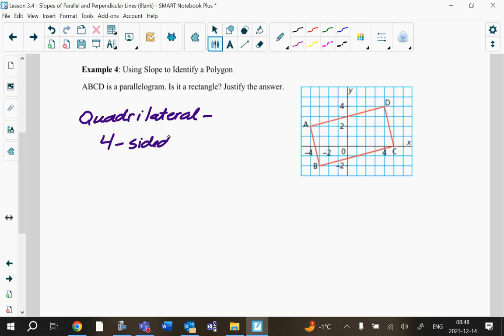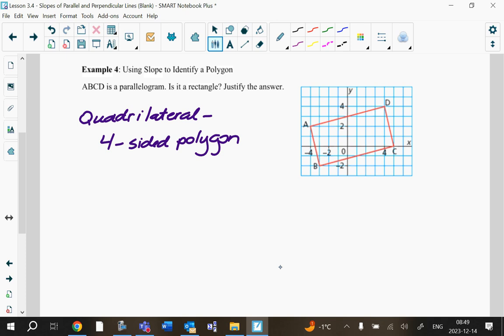There are all sorts of quadrilaterals, and they have certain properties. You should be familiar with rectangles and squares and parallelograms. There are several others as well. There are kites. There are rhombuses. There are trapezoids.